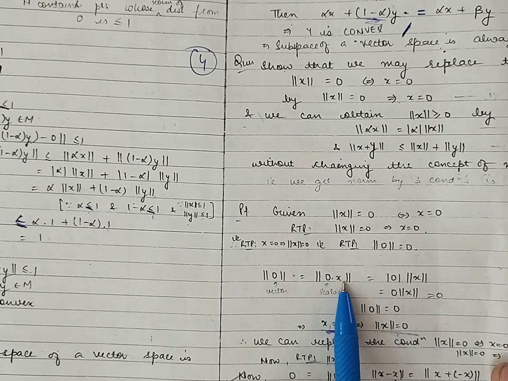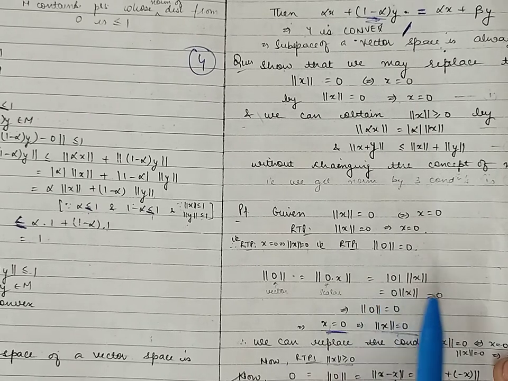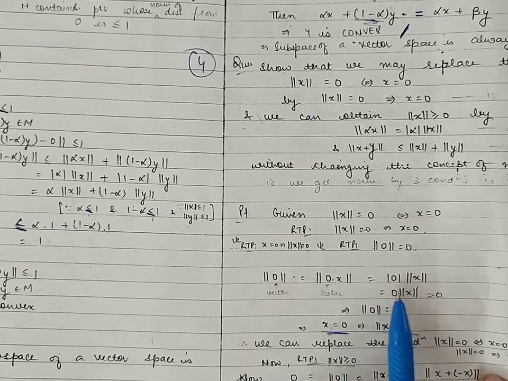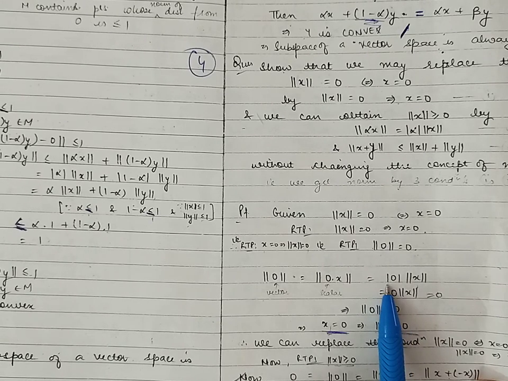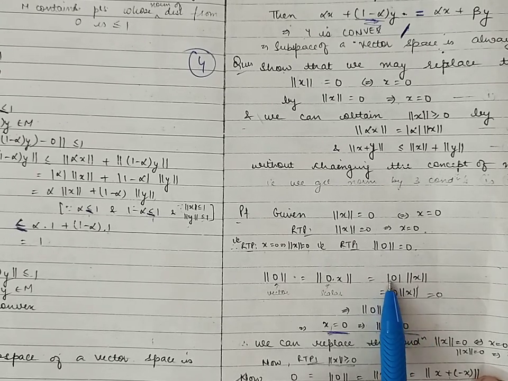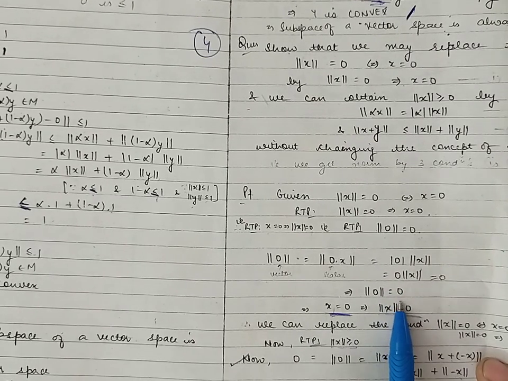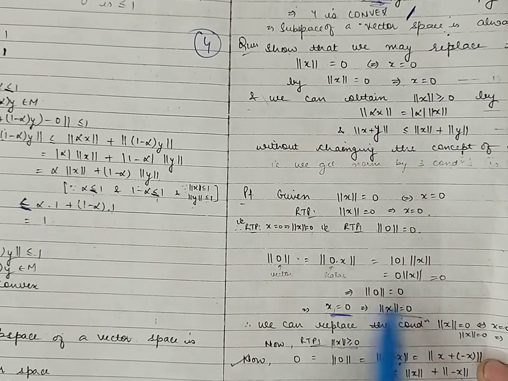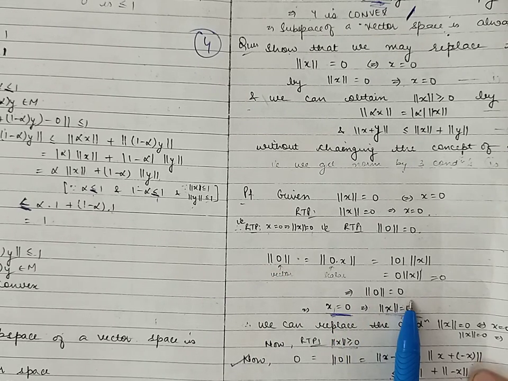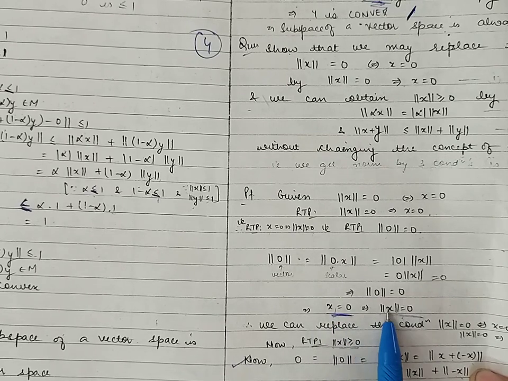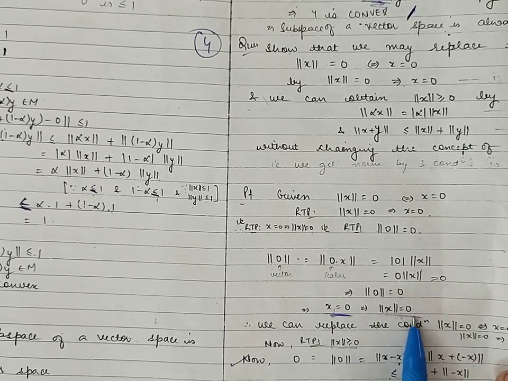By that property, we have mod of scalar into norm of the vector. So norm of vector x into the mod of scalar 0. Now mod of 0 scalar is 0. So 0 into x norm will be 0. So we have proved that the norm of the 0 vector is 0. So we have proved the condition x is equal to 0 implies norm x is equal to 0.